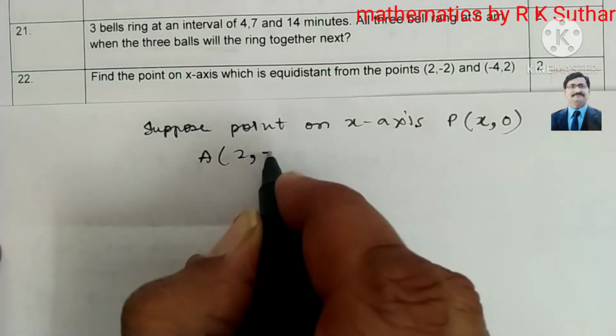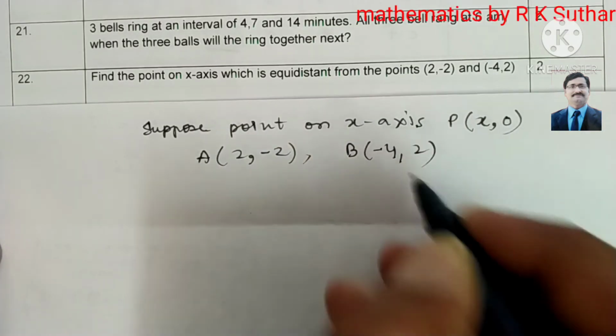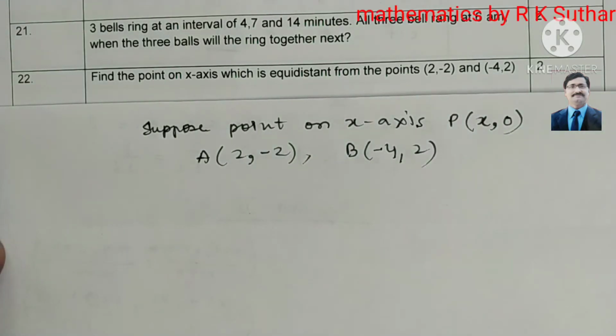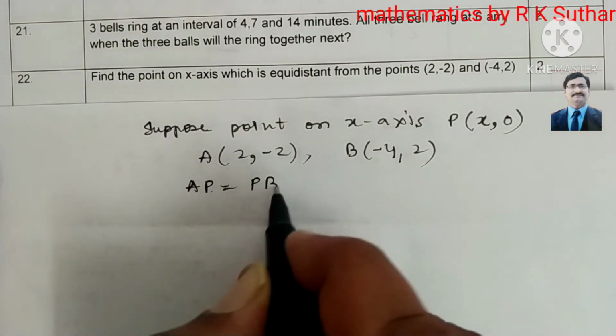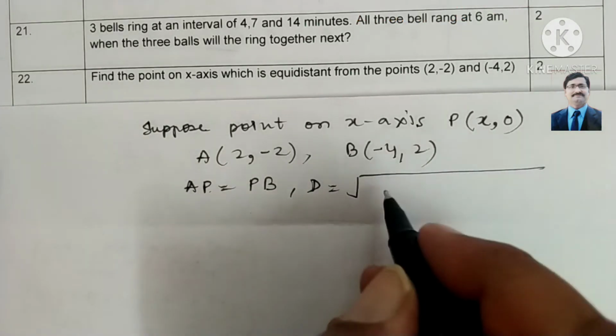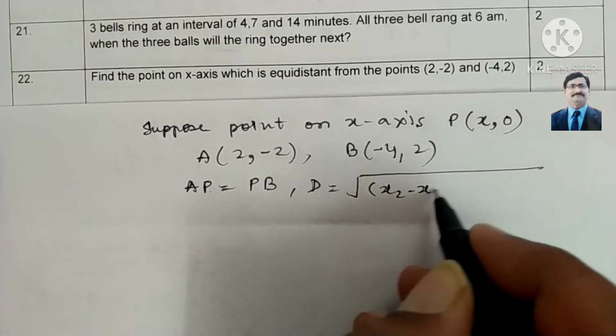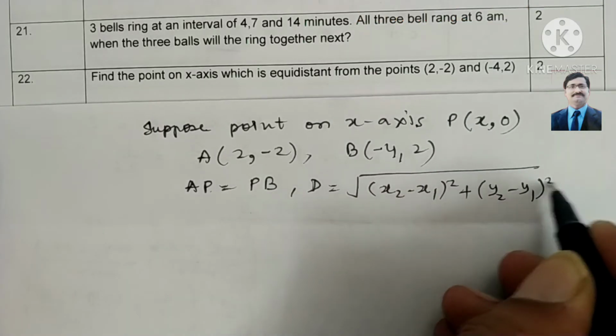A is the point (2, -2), and B is the point (-4, 2). In the question it is given that AP equals PB. So we know the distance formula is the square root of (x2 minus x1) whole square plus (y2 minus y1) whole square.